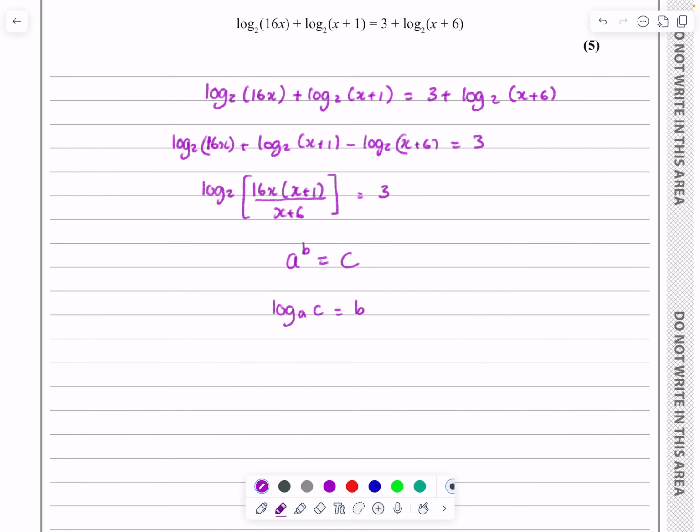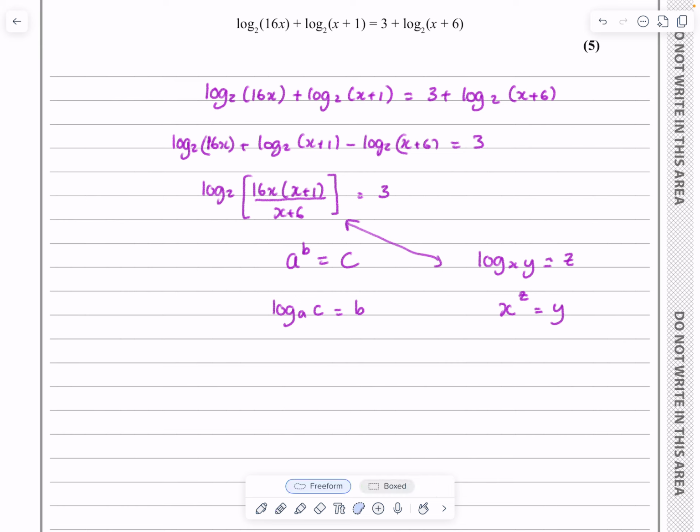I can go that way round, or I can start with log base x of y equals z, and do exactly the same idea. The base of my logarithm is the same as the base of my power statement. A logarithm is a power, so I'd get x to the z equals y. So using this idea, I can change this log statement into a power statement.